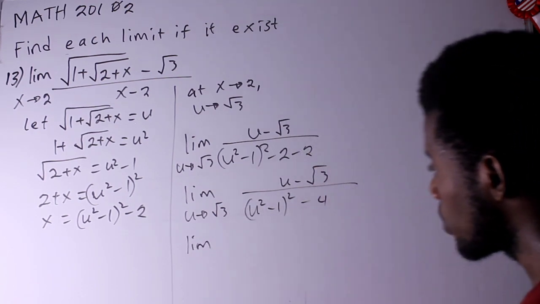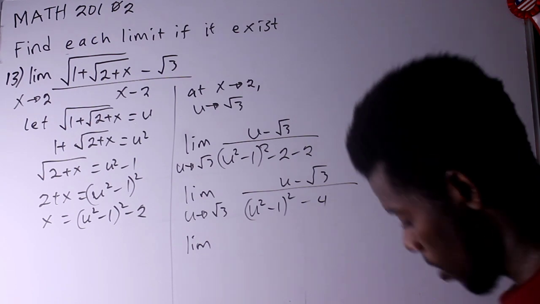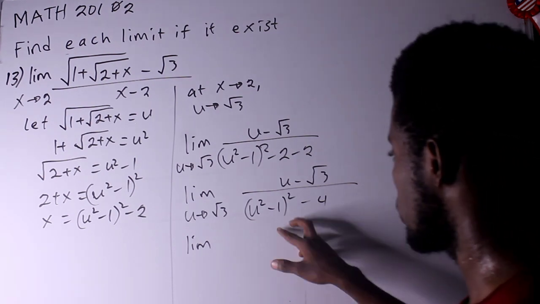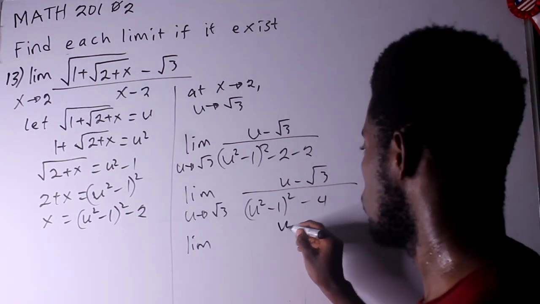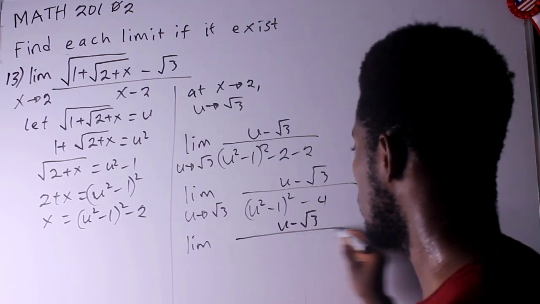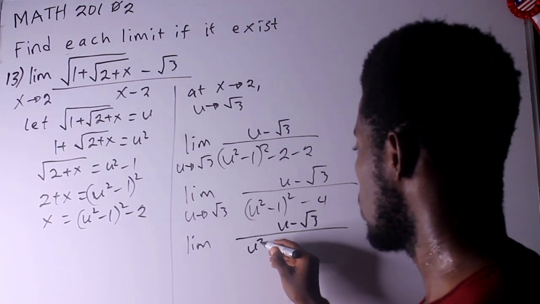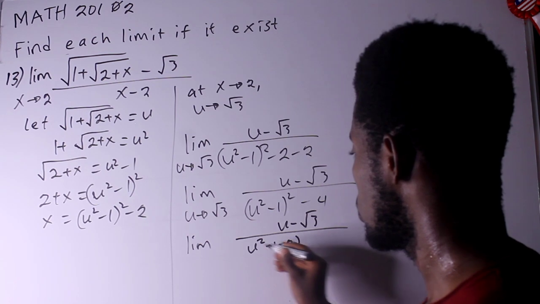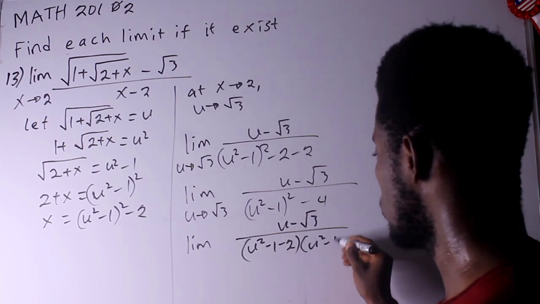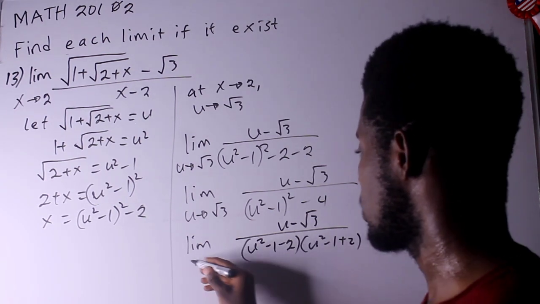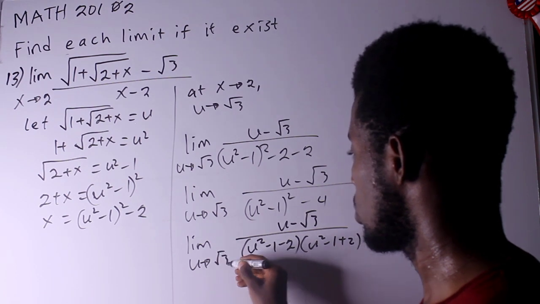Now, what actually happens here is that we are going to use what we call difference of two squares in the denominator. So we have u minus root 3, all divided by u squared minus 1 minus 2 times u squared minus 1 plus 2, as u approaches root 3.